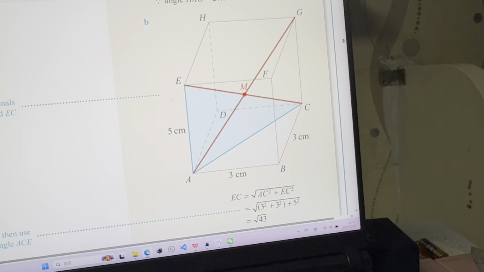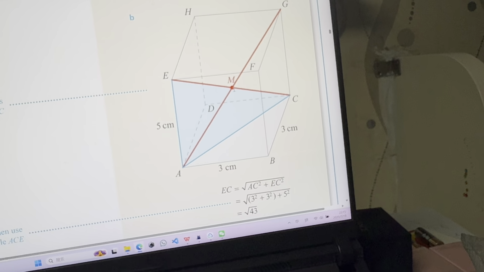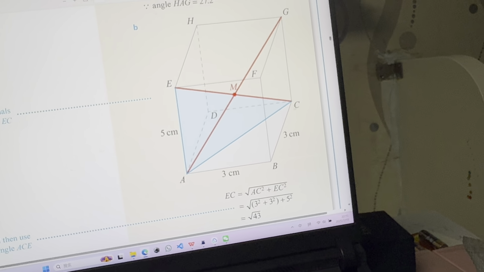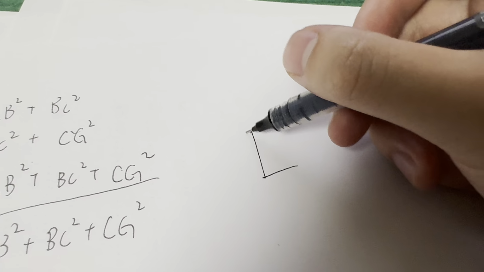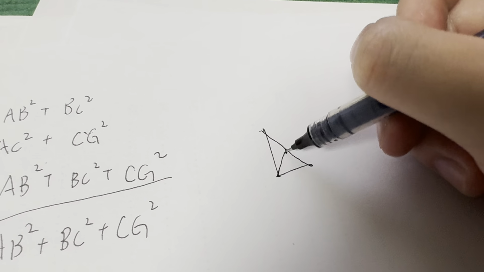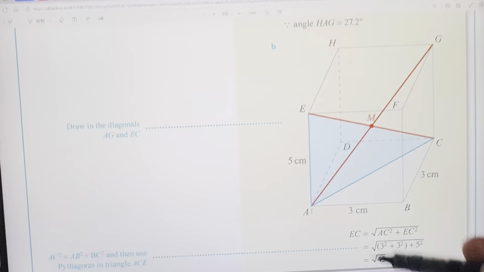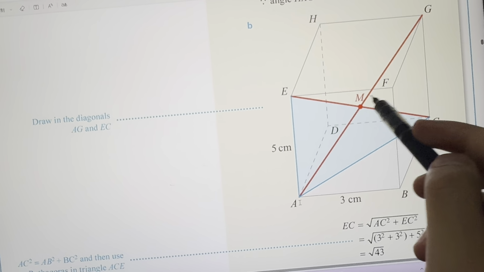And the intersection of AG and EC is also the middle point of EC. In a right triangle, if this point is the middle point and we cross this, then these three lines will be equal. So EM is equal to MC is equal to AM.